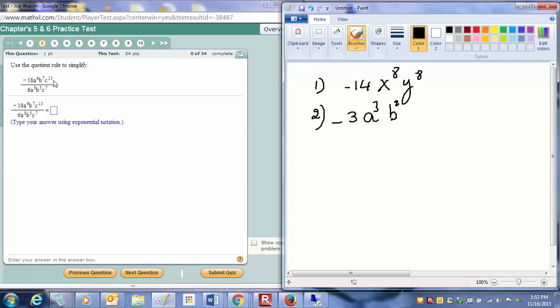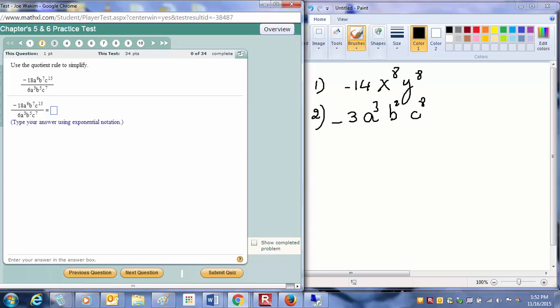And c to the power 15 divided by c to the power 7, subtract. 15 minus 7 is 8. And that would be the final answer for the second exercise.